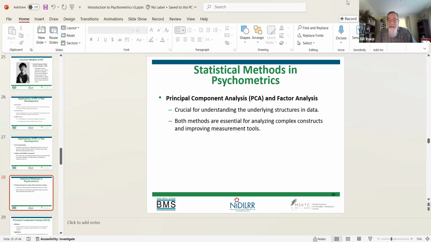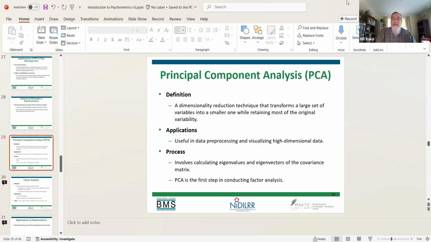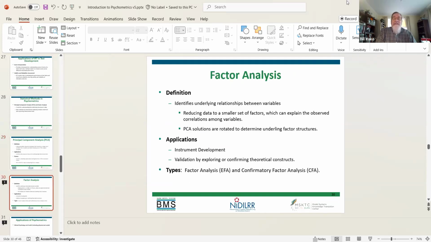But some of the first things used in psychometrics were these methods to get at the underlying trait, and these are standalone methods that have been used for close to 100 years now. Principal components analysis and factor analysis.